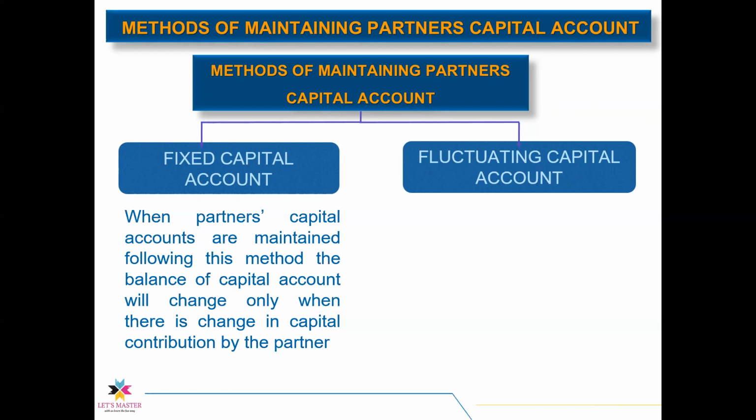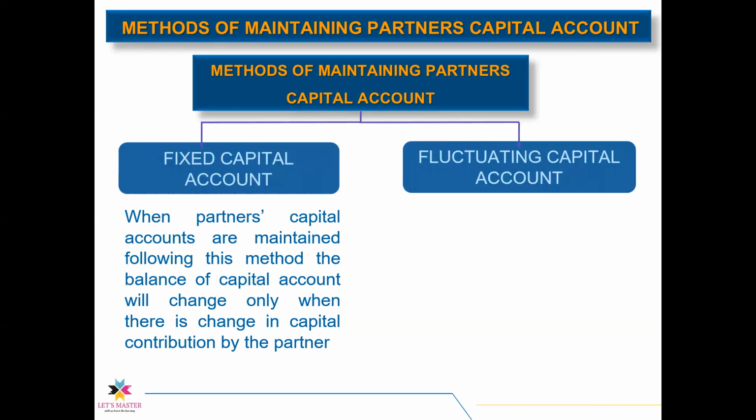But at a later stage, he contributed 40,000 more. So in this case, the opening or initial balance of A's capital account would be 50,000 and the closing balance of A's capital account would be 90,000. That is 50 plus 40.